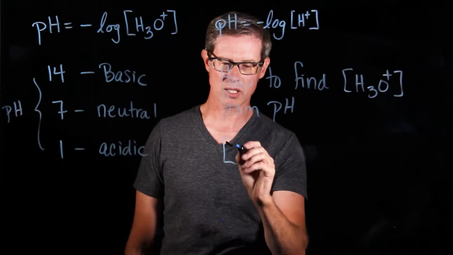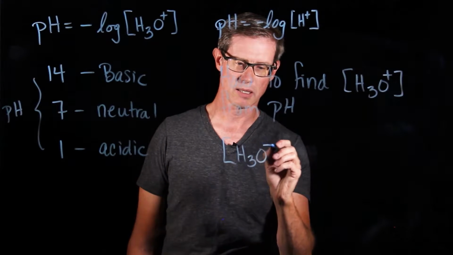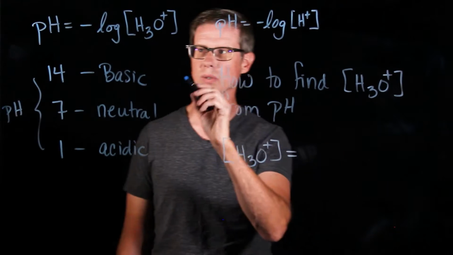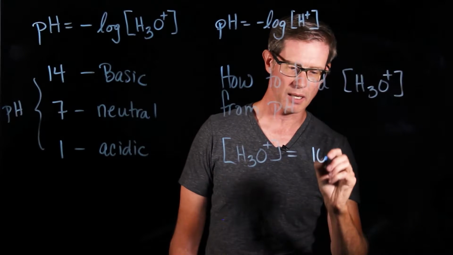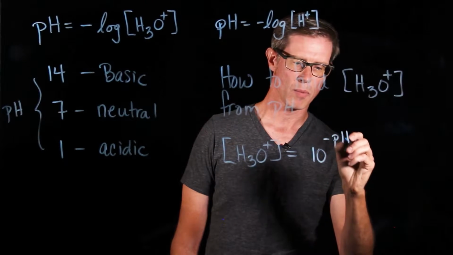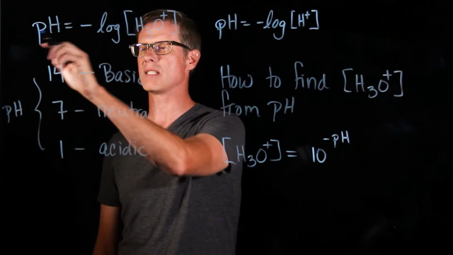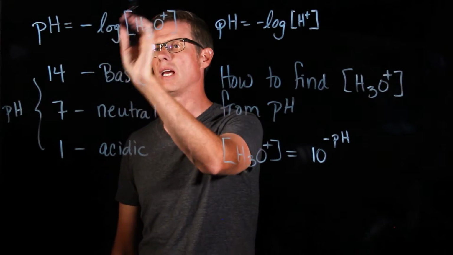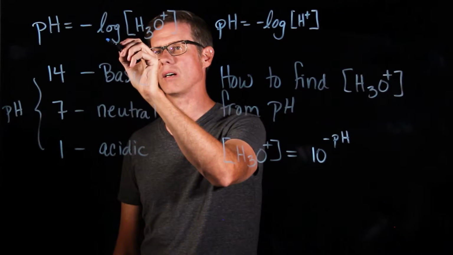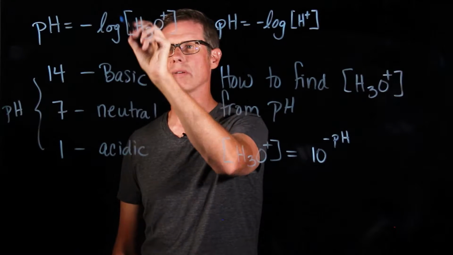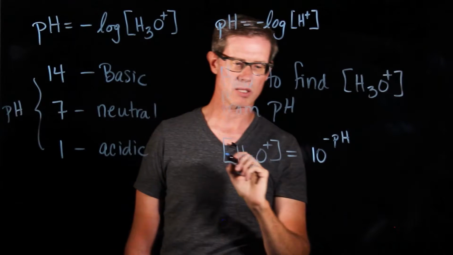So the concentration of H3O+ is going to be equal to 10 to the minus pH. So by taking this entire equation and raising all of it to the power of 10, that cancels out the log and allows us to solve directly for the concentration of H3O+.